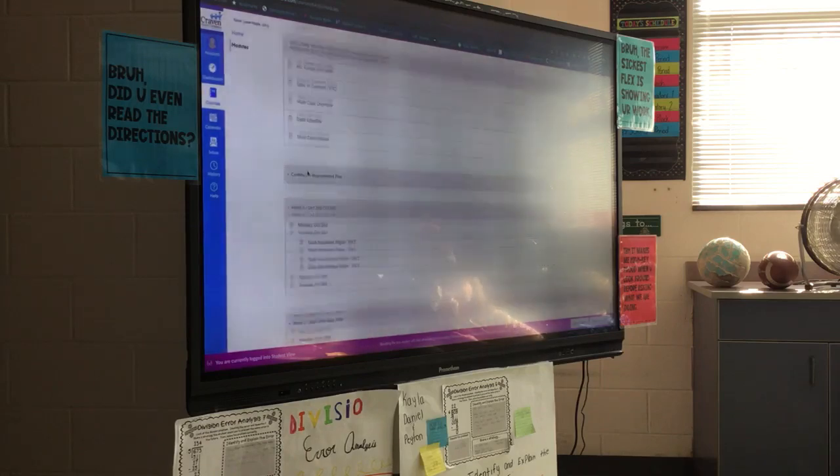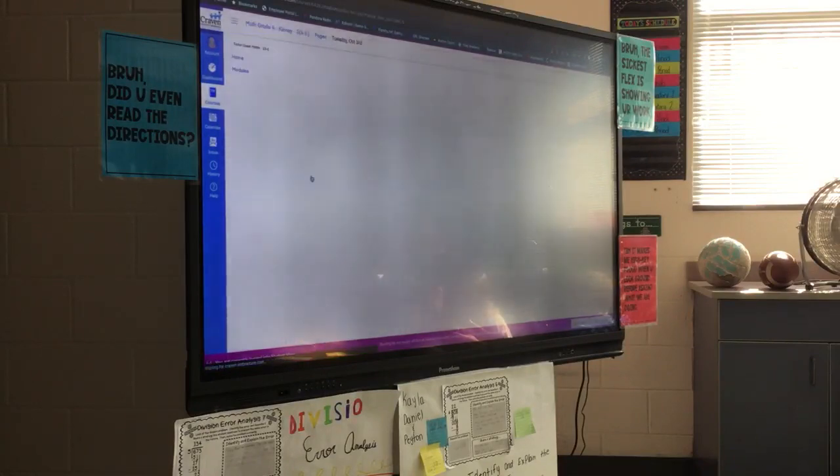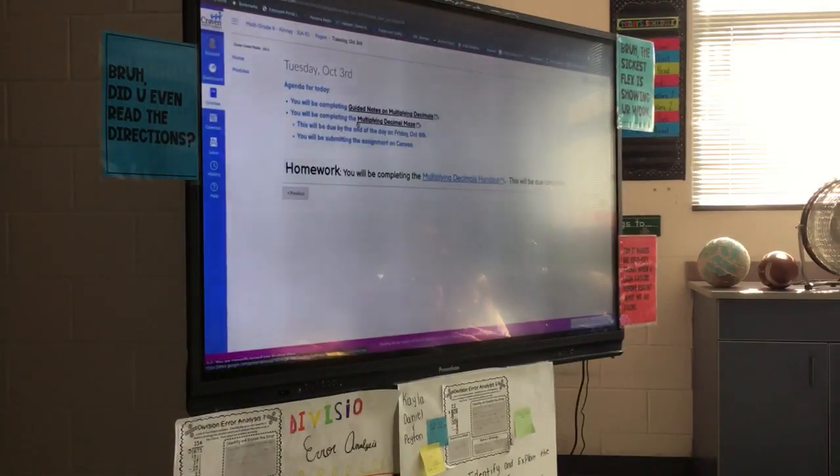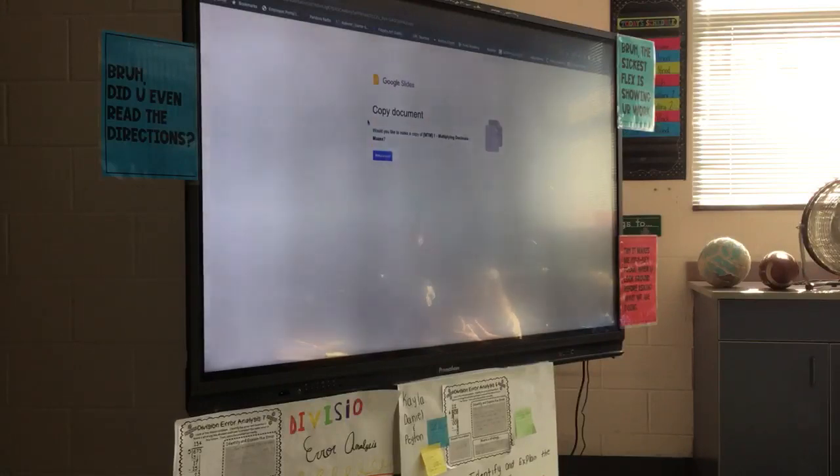All right, so you will see down here Tuesday, October 3rd, that is where we're going. This maze is what is going to be due on Friday. Everybody please click on the multiplying decimal maze. You should not have headphones in, you don't need headphones. So if you have headphones in, please take them out and put them away.